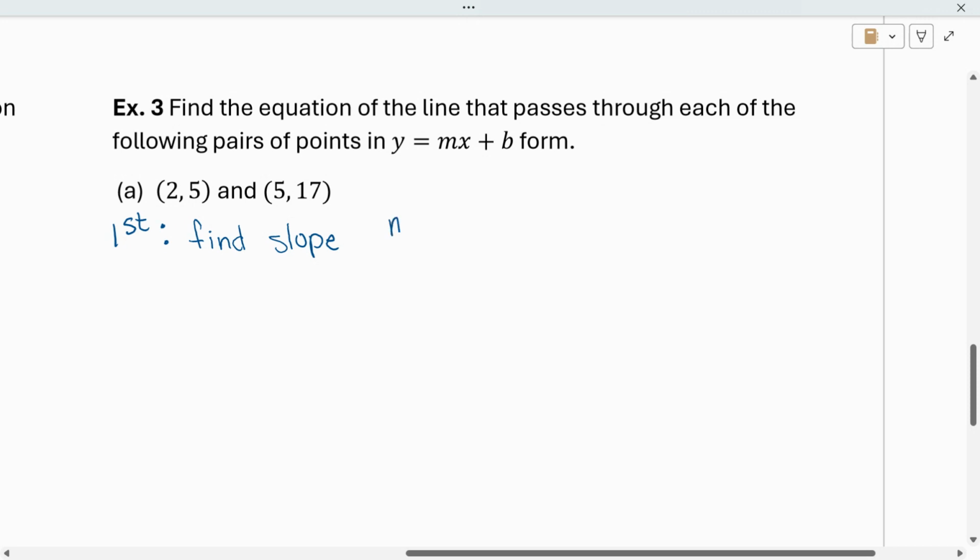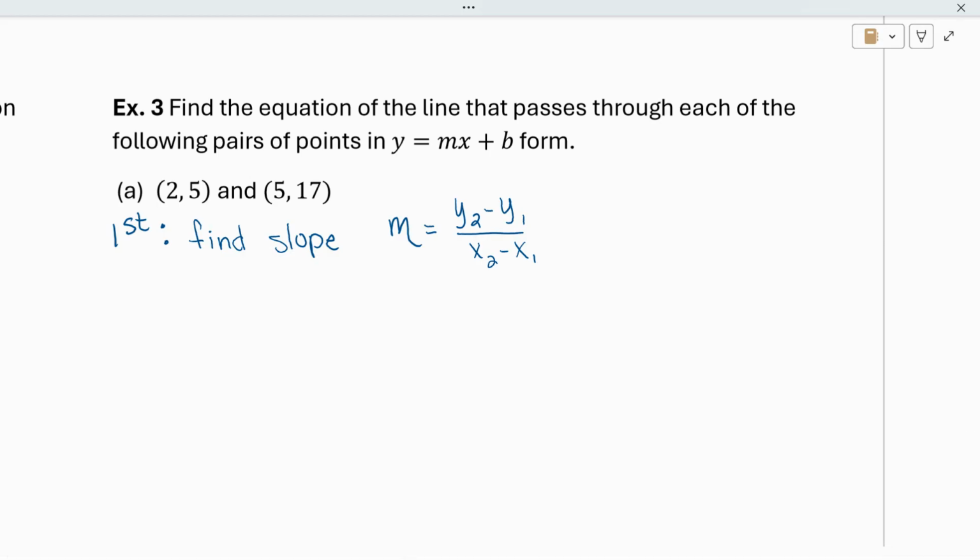We do that with the formula m equals y sub 2 minus y sub 1 over x sub 2 minus x sub 1. We're not picking points from a graph. We're already given the 2 ordered pairs.